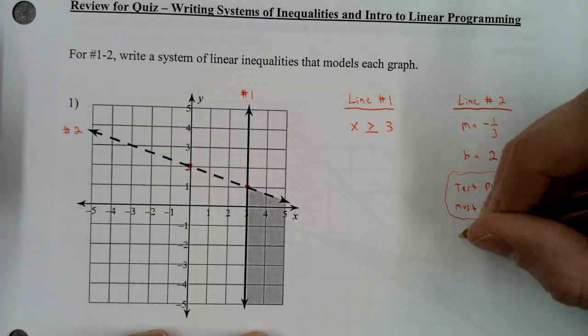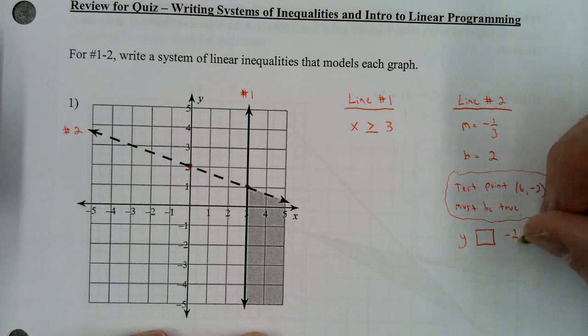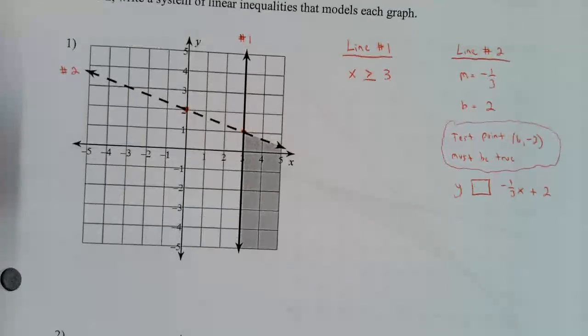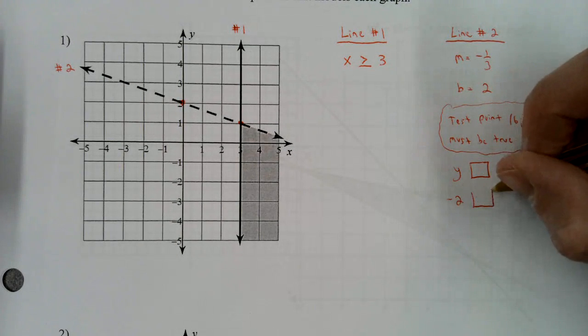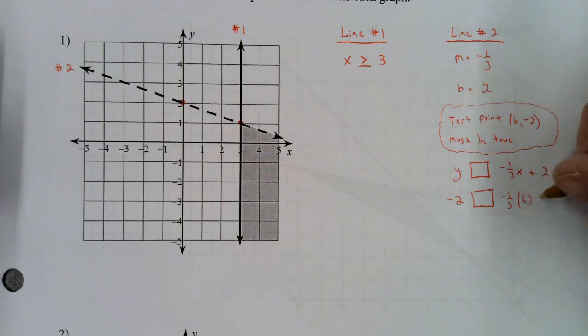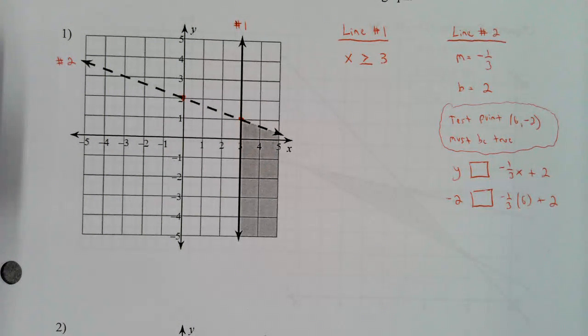So here's my inequality. Y, we don't know the inequality symbol, mx plus b, so negative 1/3 x plus 2. I'm going to replace the y with the negative 2, and I'll replace the x with negative 1/3 times 6. The reason why I chose 6 is because when I multiply 6 by negative 1/3, it's going to give me an integer.